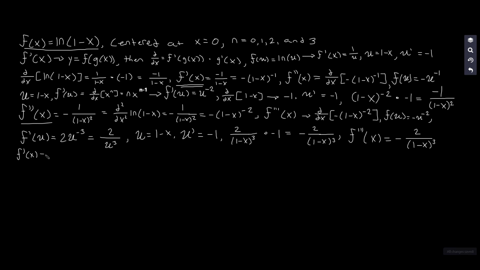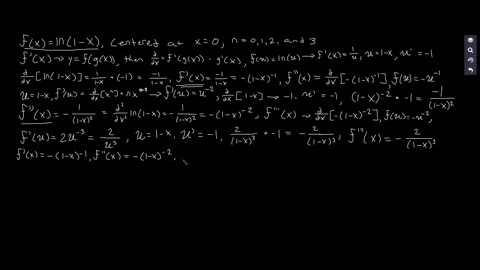f prime of x equals negative 1 minus x raised to the negative first. And then f double prime of x equals negative 1 minus x raised to the negative second.